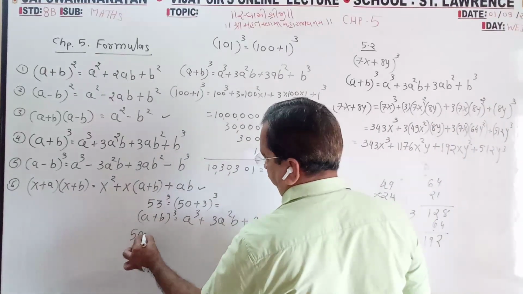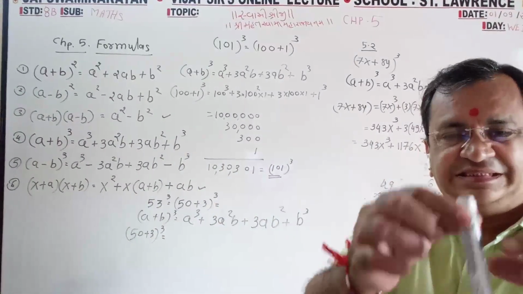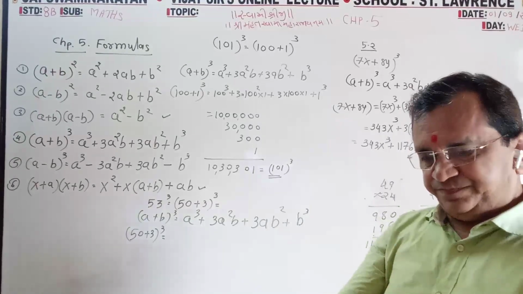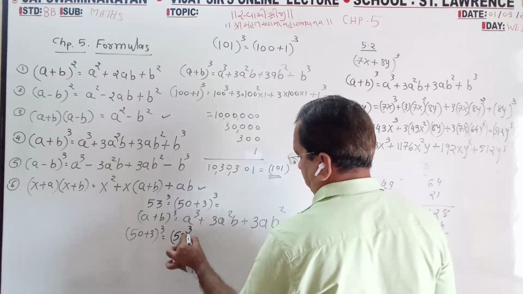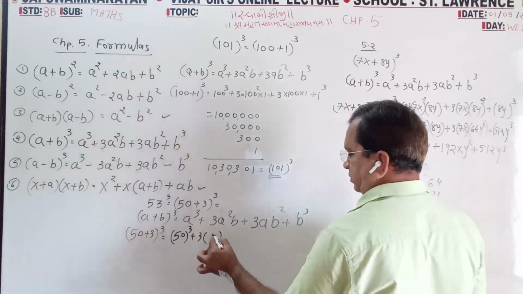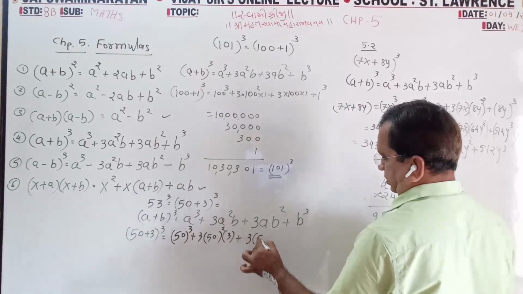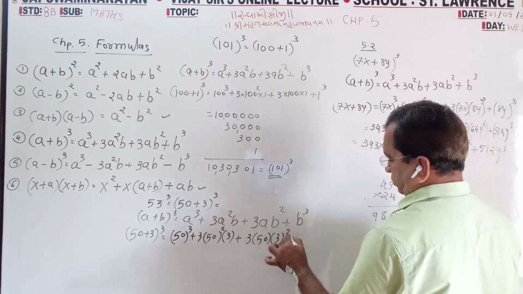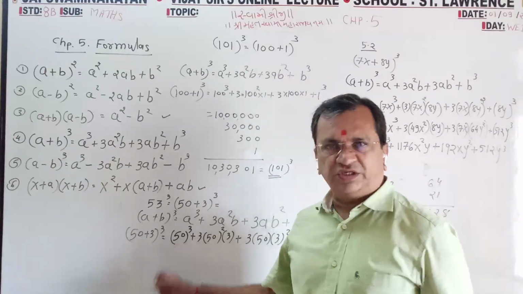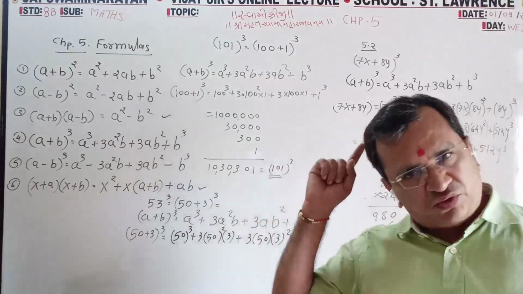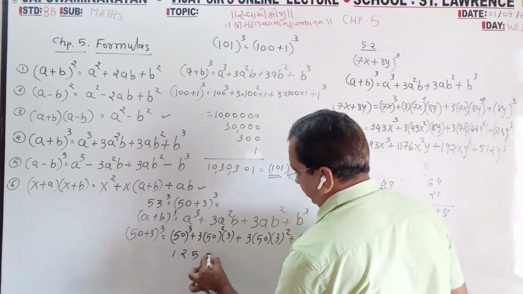So 50 plus 3: 50 cube plus 3 into 50 square into 3, plus 3 into 50 into 3 square, plus 3 cube. So first, 50 into 50 into 50: do 5 into 5 into 5, that is 125, and 3 zeros.